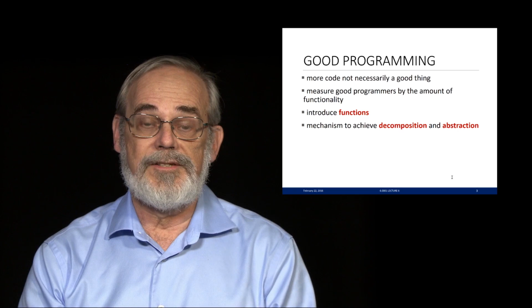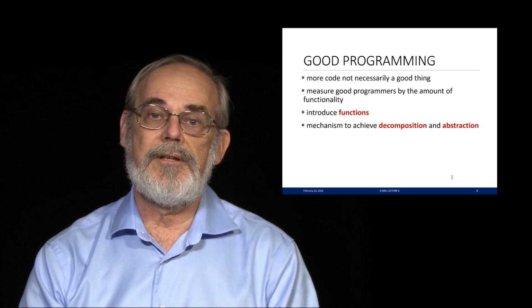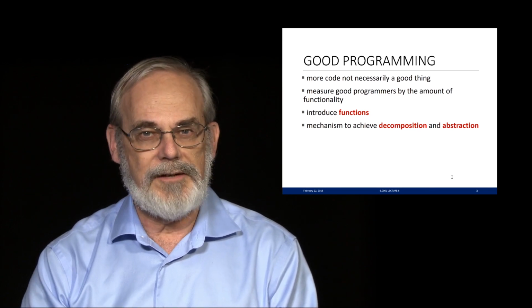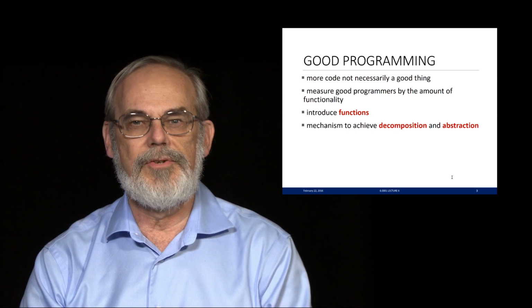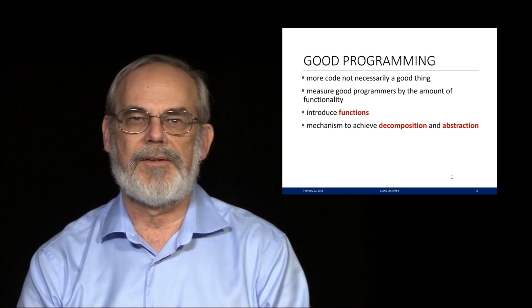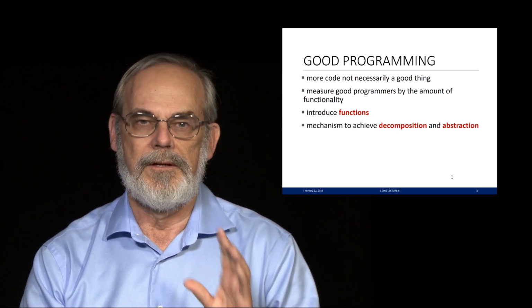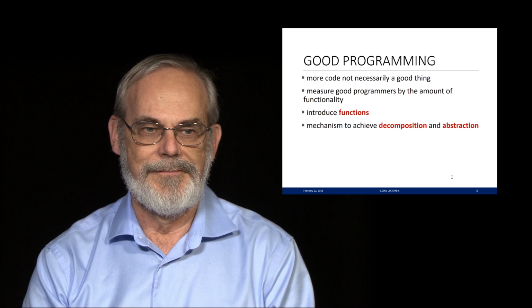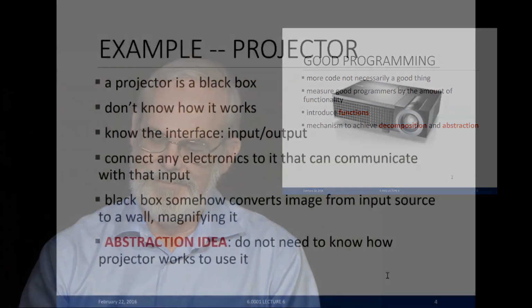We're going to describe it in a second, but the idea of a function is it's going to give me a way to encapsulate pieces of computation. And in fact, a function is intended to give me two really important aspects of computational thinking: decomposition, sometimes also called modularity, and abstraction. So what do those mean?